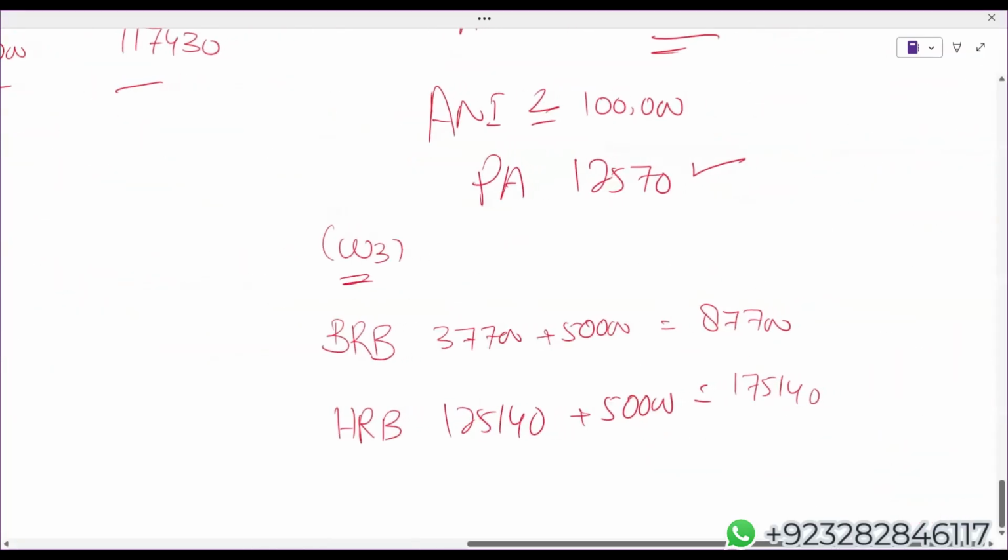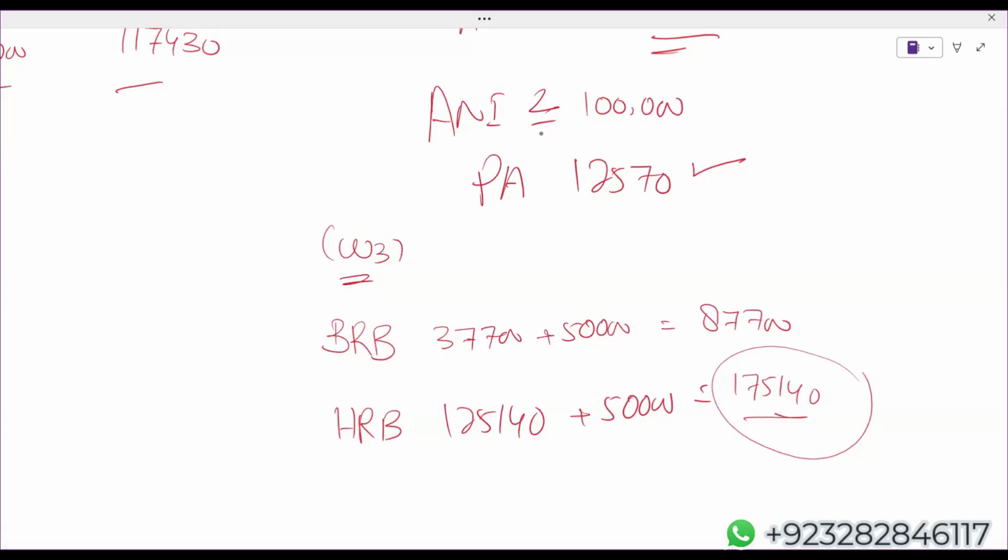Why? Now the higher rate taxpayer limit is 1,75,140 in this question. I'm not comparing this 1,17,430 with 1,25,140. No, I'm comparing with 1,75,140 because now in this question, the higher rate band limit is 1,75,140. If this individual was having taxable income more than 1,75,140, then this individual would have been an additional rate taxpayer.